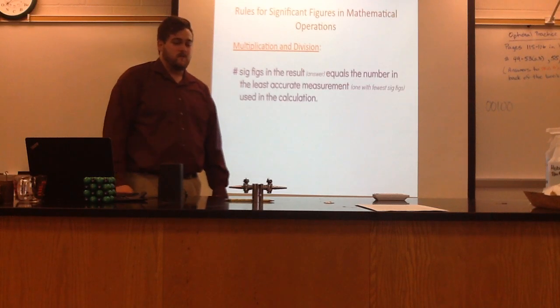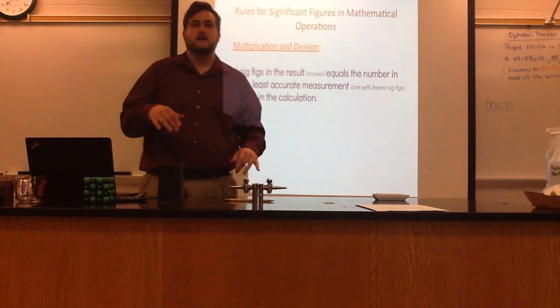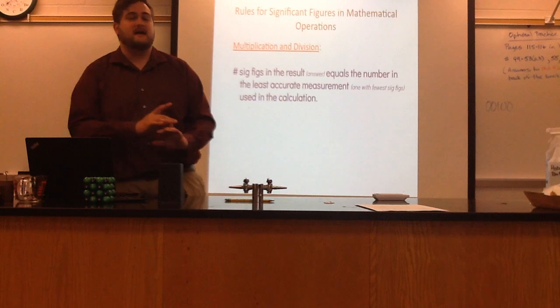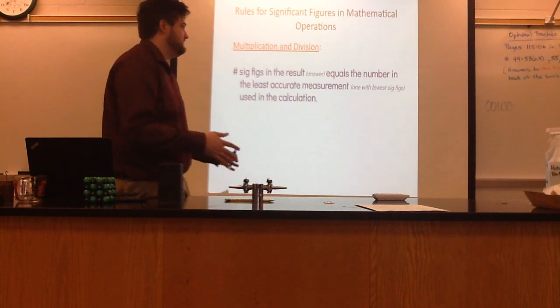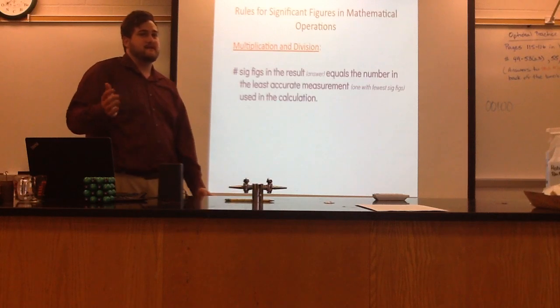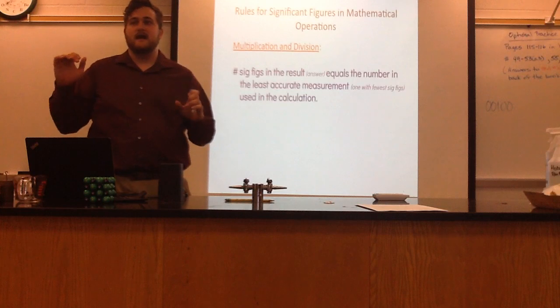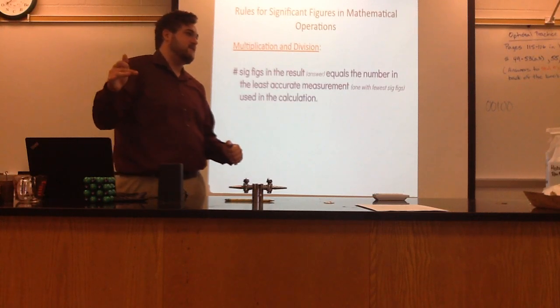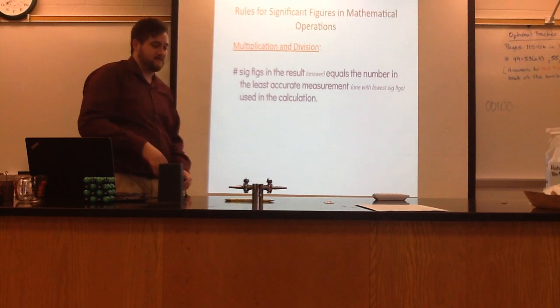What that essentially means is that the number with the least significant figures is how many significant figures you're going to use in your final result, because that ends up being the least accurate measurement. And obviously, if it's 1 decimal place versus 3 decimal places, then the one with 3 decimal places is going to be more accurate. But you don't necessarily need that in order to show accuracy within calculations. You just need the one with the least amount of significant figures.